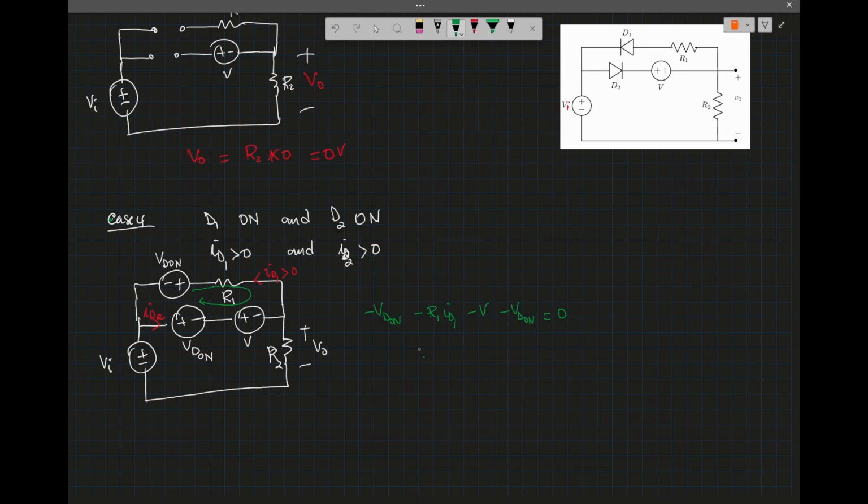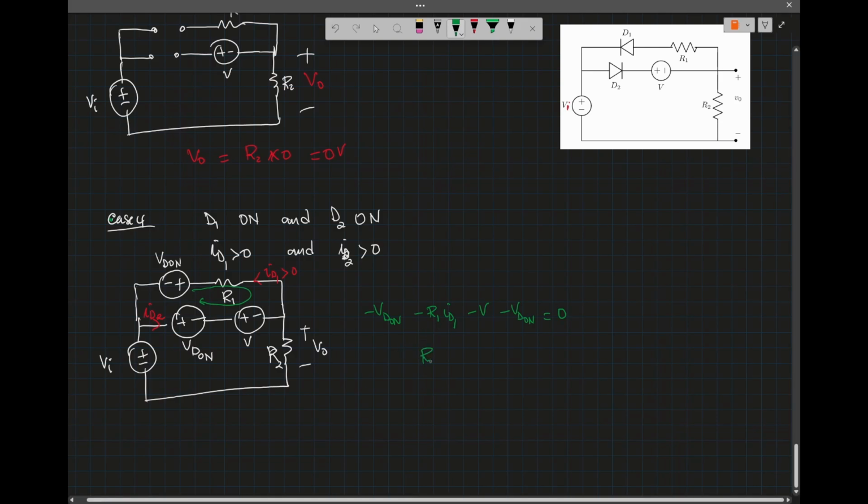So R1 ID1 is equal to V minus V minus 2 VD on.